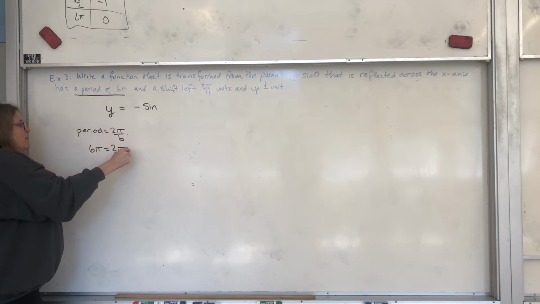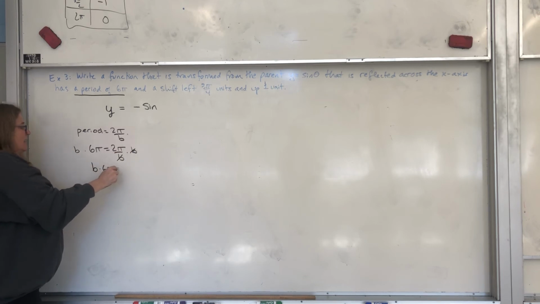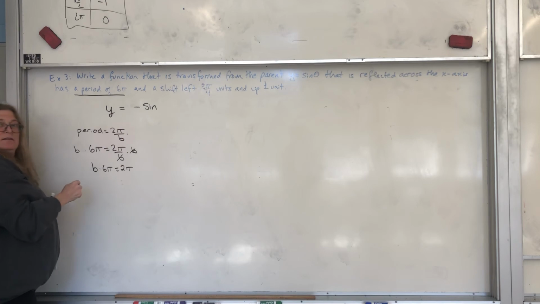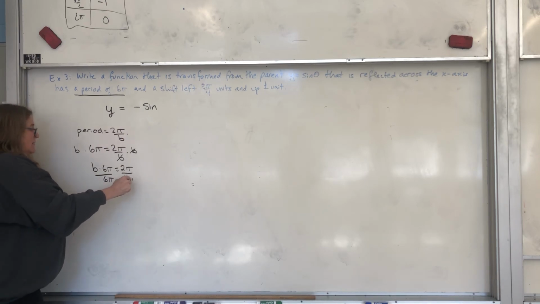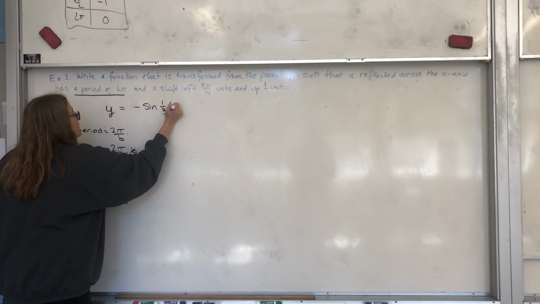So let's multiply both sides by b. And I get b times 6 pi equals 2 pi. Right? Now let's divide by 6 pi. And I get b equals 1/3. So I know I'm going to have a b value of 1/3.